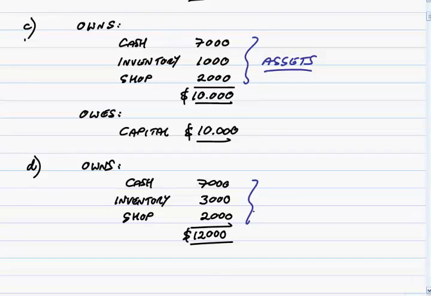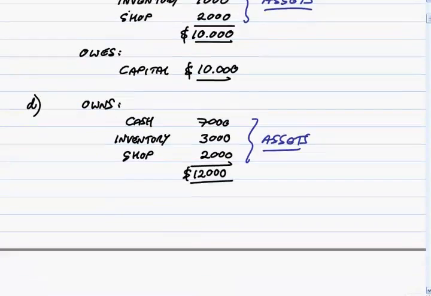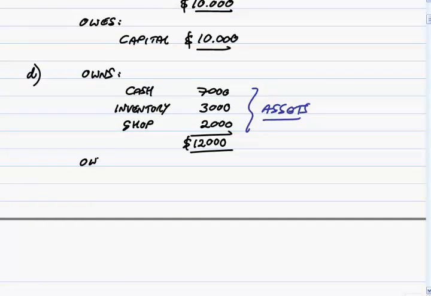I won't keep writing it down, but always anything we own is an asset. And what does the business owe? Well, of course, it still owes the owner the capital of 10,000. But this time we also owe 2,000 to the person we bought the goods from. Well, that 2,000 owing we call a liability.